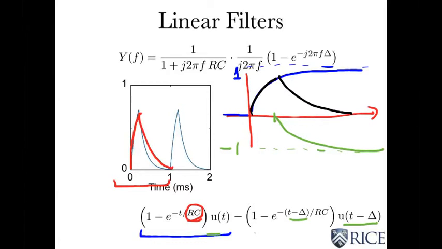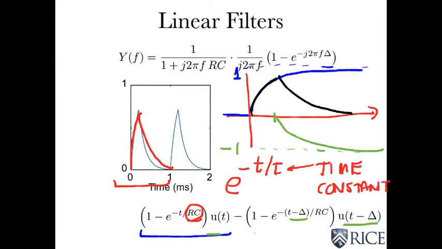I should point out that the formula for a decaying exponential is frequently written like this, where that's a tau, and this is called the time constant of the exponential, just terminology. And so the time constant of these exponentials here is RC.